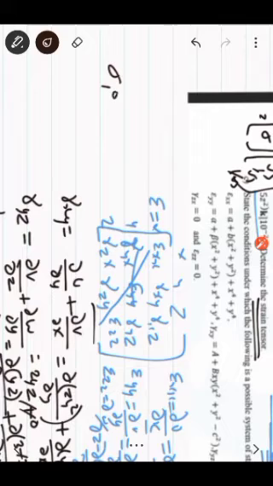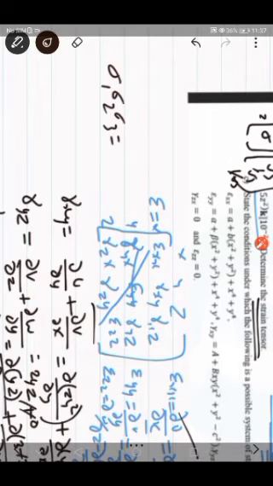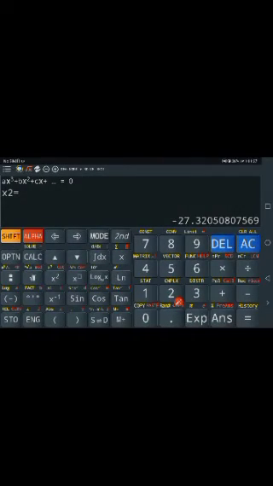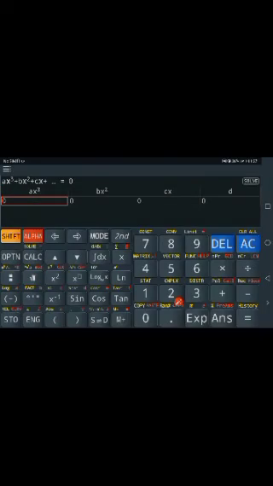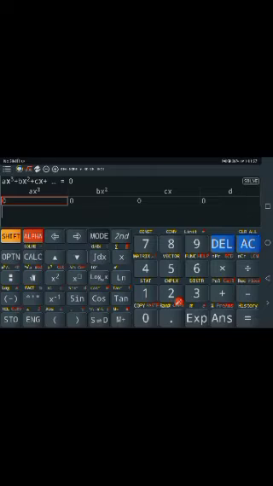So shall we check? So 3 at a time. Sigma 1, sigma 2, sigma 3 must be equal to, what is C? I multiply that, 27. So we go to the normal mode. And here, how to go to normal mode? Go to normal mode, and general calculation.